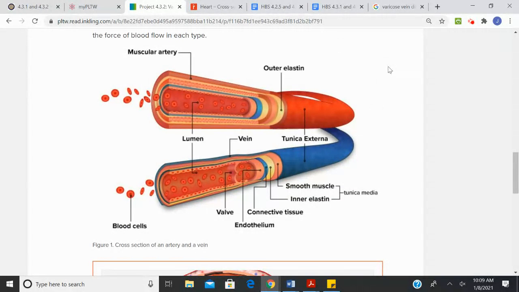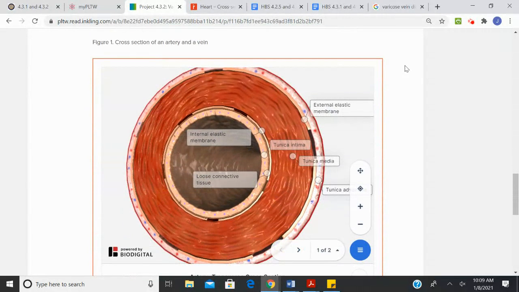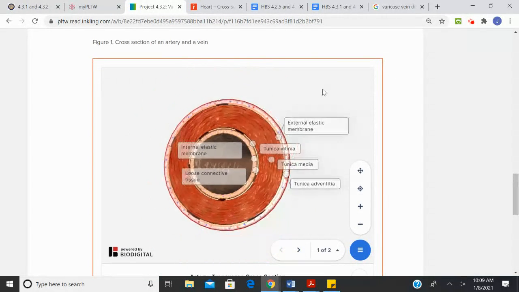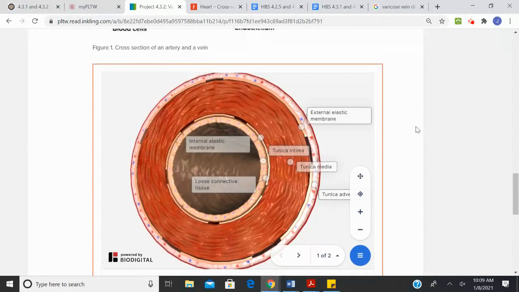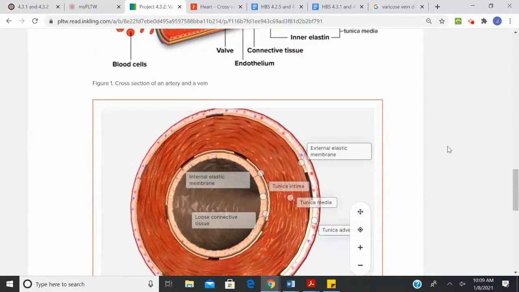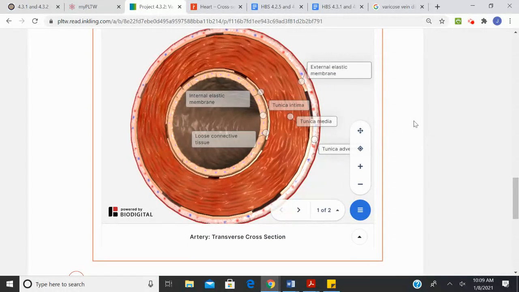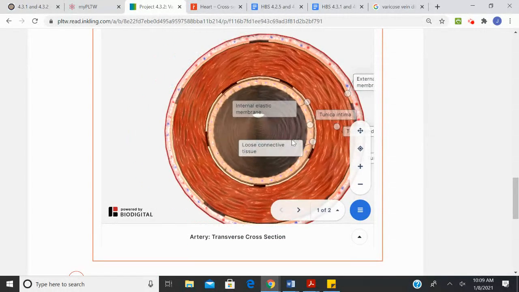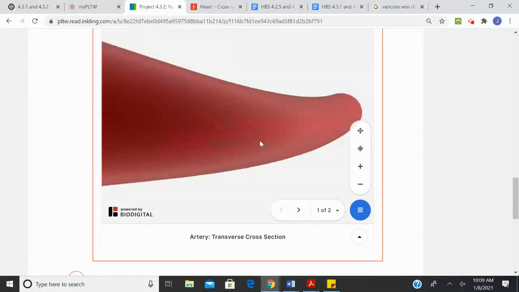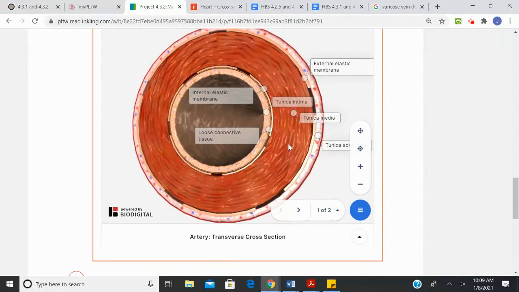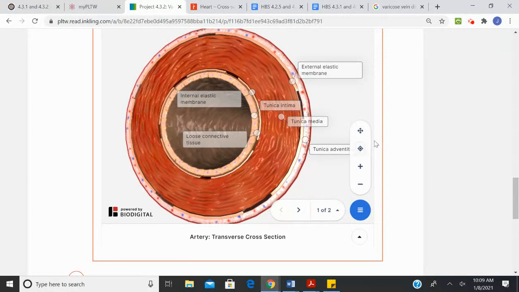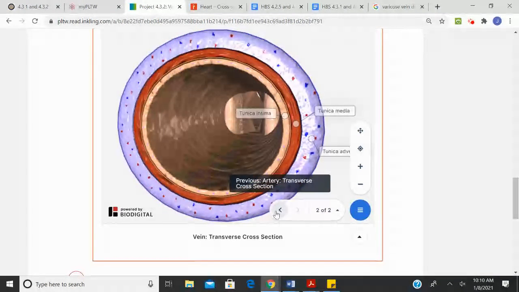The other thing is doing this sketch, which is a cross section of this. So it's looking at the whole thing as a cross section. So make this drawing, but then also look at this one. I kind of like this drawing a little bit better. It looks at it from this cross sectional view, and look at these labels as well, and write those down so you can look at the artery, and then you look at the vein and write those down.